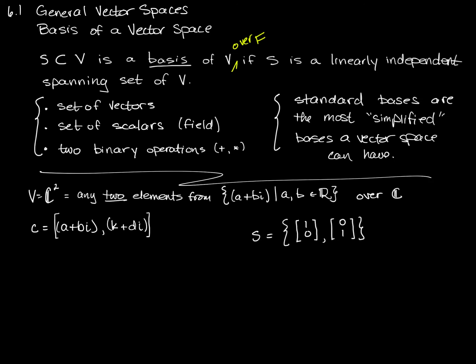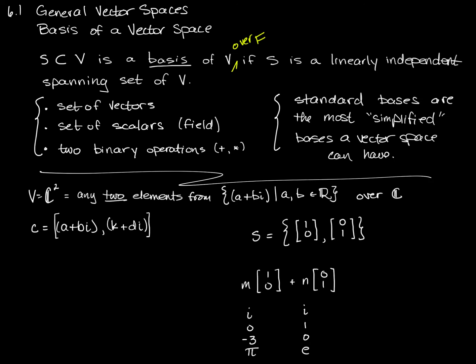So if I took m times 1, 0 plus n times 0, 1, that would be a linear combination. M can be i, or 0, or -3, or pi, and so can n. N could be i, or 1, or 0, or e, right?